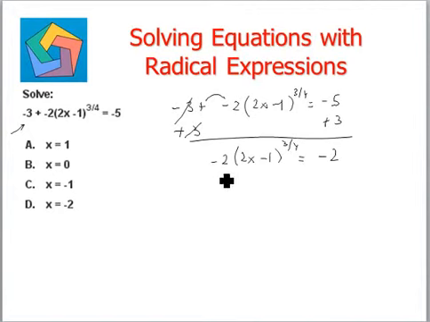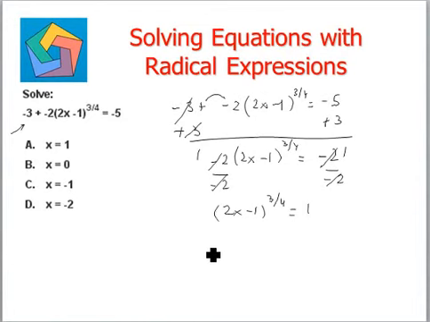So now we divide by negative 2 on both sides. We get (2x minus 1) to the power 3 by 4 equals 1, because negative 2 by negative 2 is 1 and this is also 1.